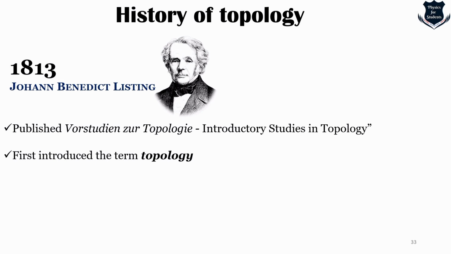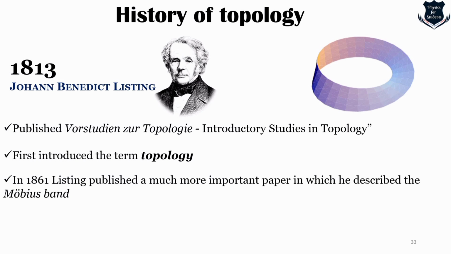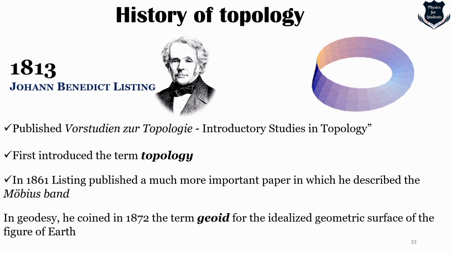He discovered the properties of this half-twisted strip we just saw, which we now know is a non-orientable surface, at the same time as August Ferdinand Möbius, and went further in exploring the properties of strips with higher order twists. He discovered topological invariants, which came to be known as Listing numbers. He also coined in 1872 the term geoid for the idealized geometric surface of the figure of the Earth.